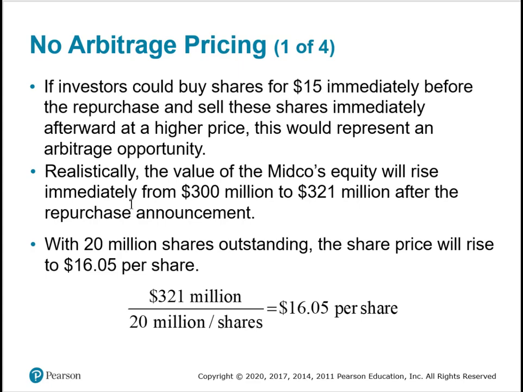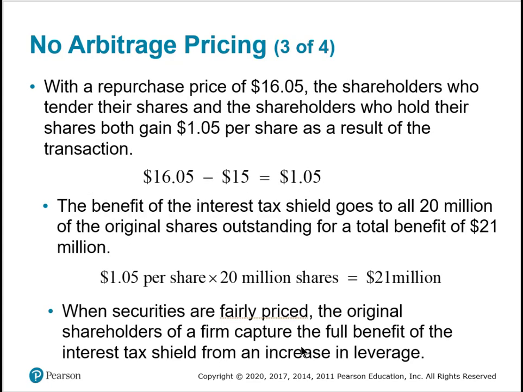So again, the value of the equity could actually change pretty quickly. So it could go to $16.05, which means 321 million divided by 20 million shares is $16.05. It's still $1.05 more with the repurchase, even at that $16.05.